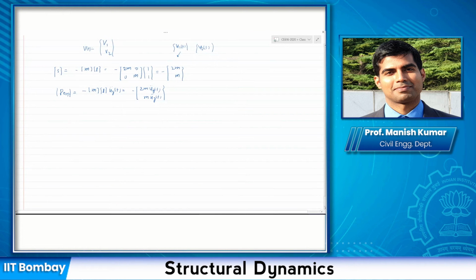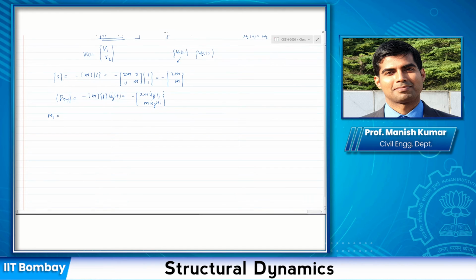To do that, first I need to find the parameter gamma 1, or before that, let us first find M1. Do you remember in the last class we had found M1? I think it was 3m by 4... 3m by 2.